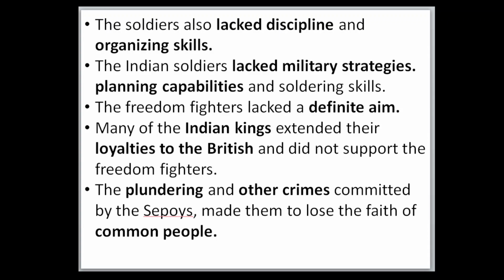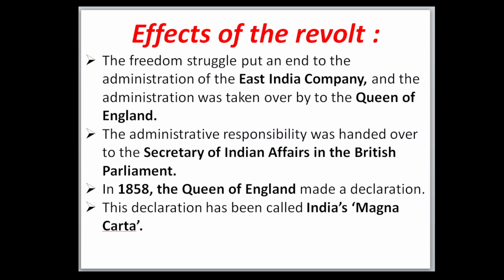Okay. Now let us move to the effects of the revolt. What happened after the first war of Indian independence, 1857? First, the freedom struggle put an end to the administration of the East India Company. As you know, when the Plassey battle happened in 1757, British administration started in India.